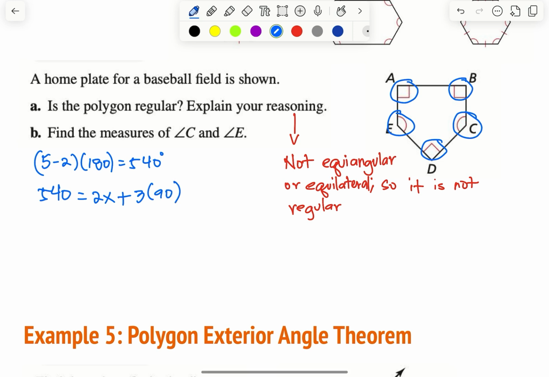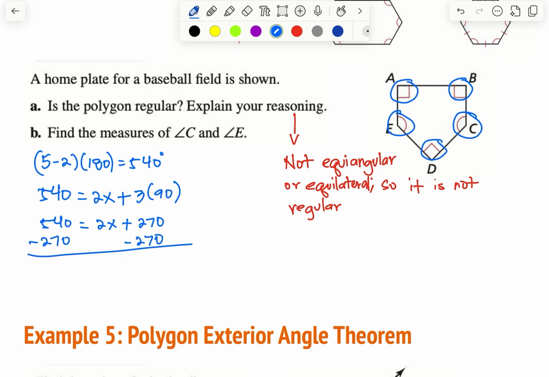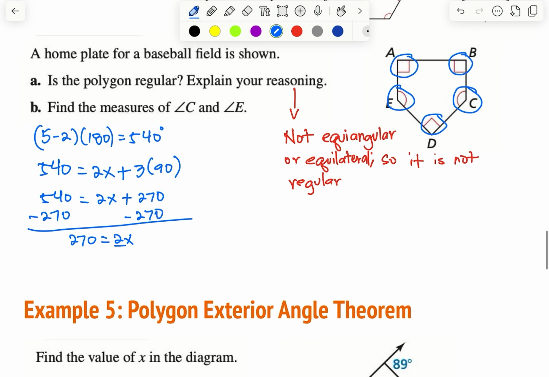So 540 is equal to 2x plus 270. Minus 270 on both sides gives me 270 is equal to 2x, and dividing both sides by 2 gives me x is equal to 135 degrees. So this will be our angle C and angle E.